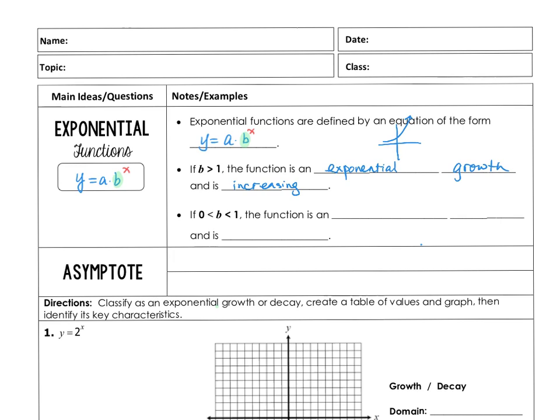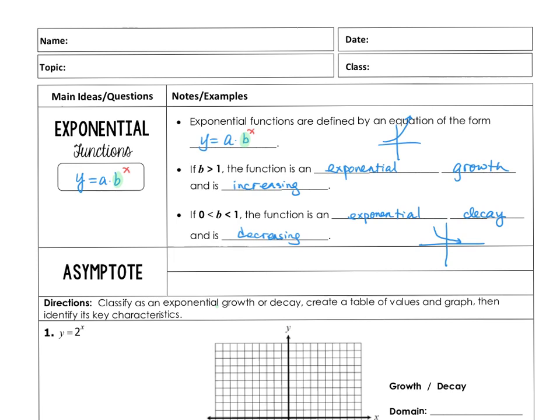And when b is less than 1 but greater than 0, the function is exponential decay, and it's decreasing. Decreasing meaning as x goes up, y comes down. So it actually looks something like this. And we're going to study further the shape and the behavior.